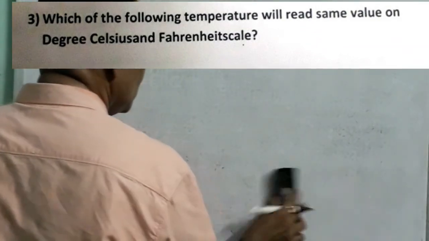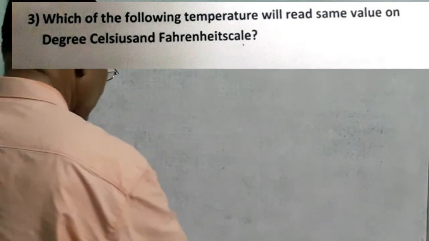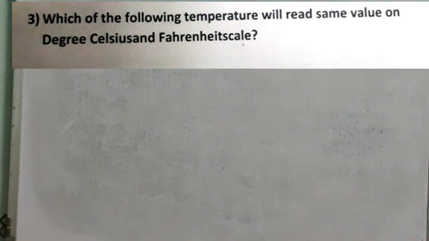Which of the following values of temperature will read the same value on a degree Celsius and degree Fahrenheit scale? Now this can be treated as a numerical also, and this is a multiple choice question also.